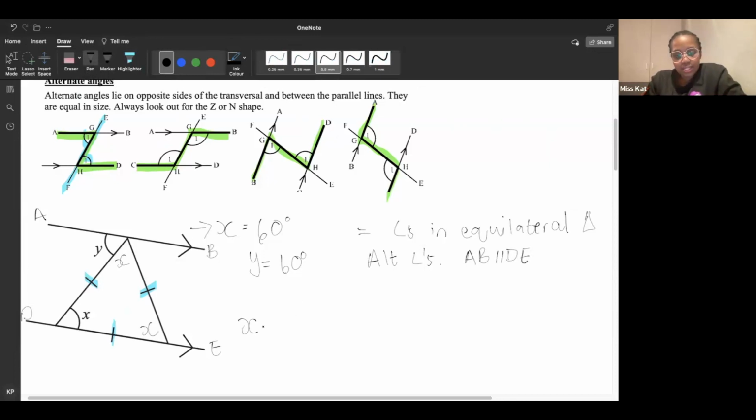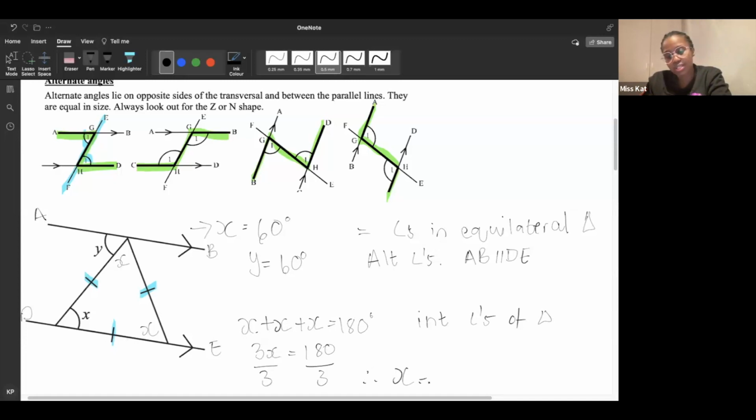Then x plus x plus x is 180 degrees, and your reason will be interior angles of a triangle. Then you have 3x equals 180. Divide by 3, and therefore x is 60 degrees. Okay, so that's how we got it.